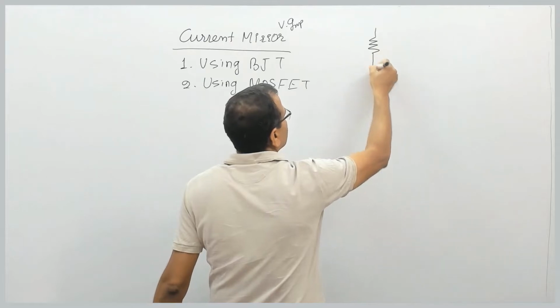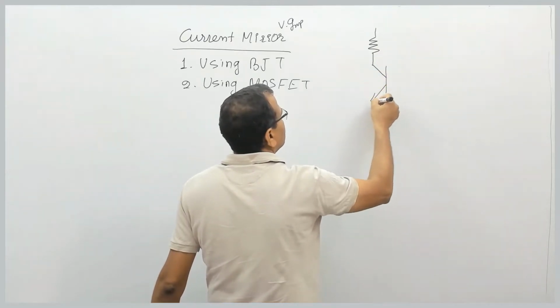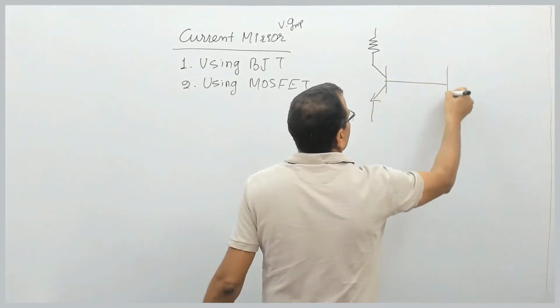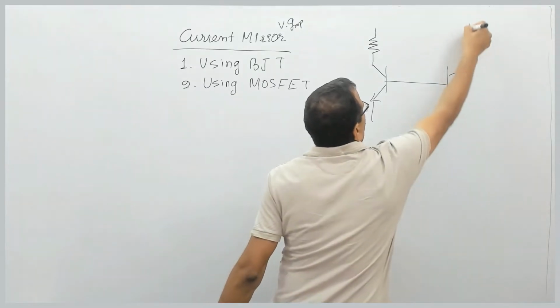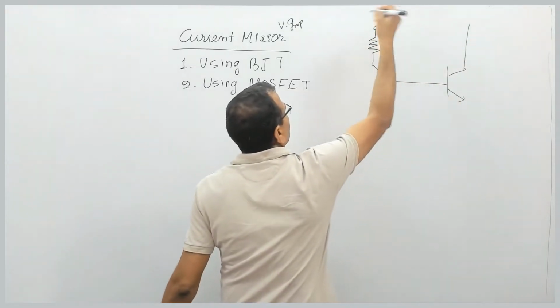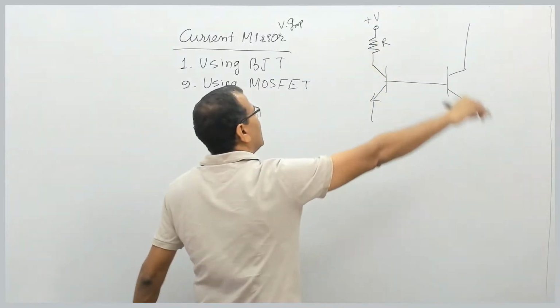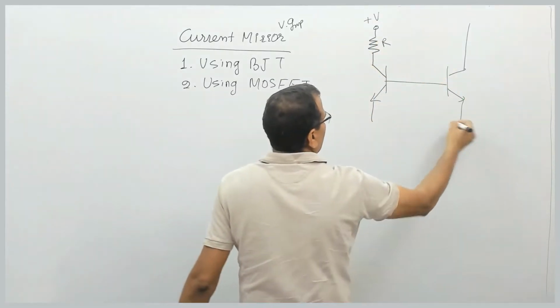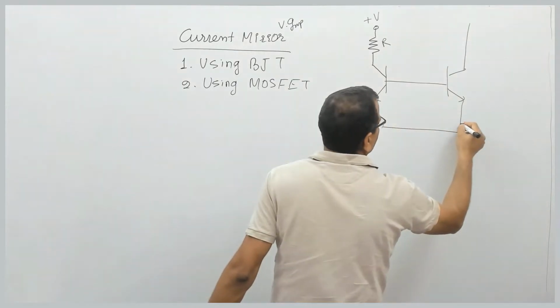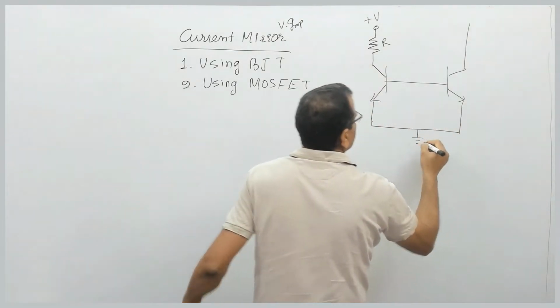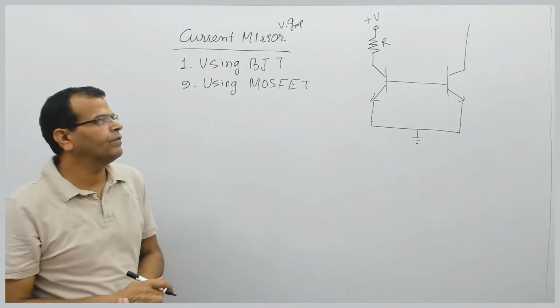We have a resistance, a BJT, then we have another BJT like this. We have a biasing source here, plus V, this is resistance R, and the emitters of both BJTs are connected to ground. Fine.